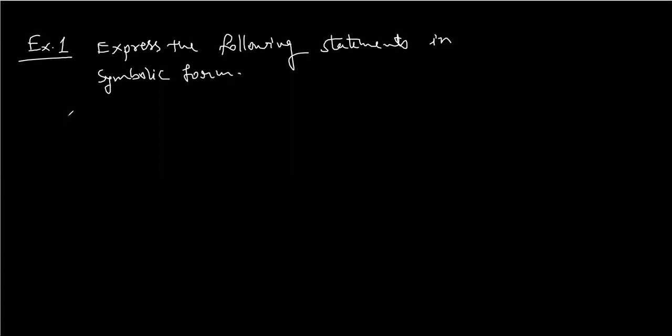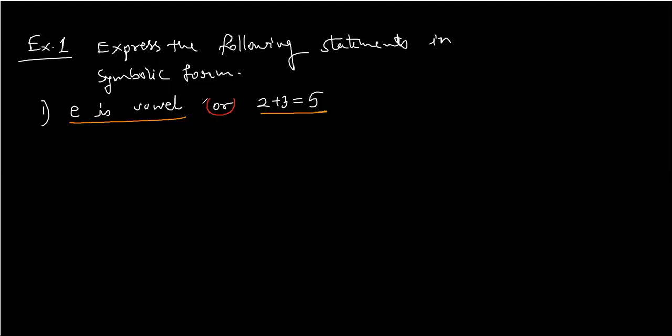Okay, so the first one is: E is a vowel or 2 plus 3 equals 5. Now you can check, students. This is a compound statement and it is a disjunction. Why? Because there are two simple statements and they are connected by the logical connective OR.